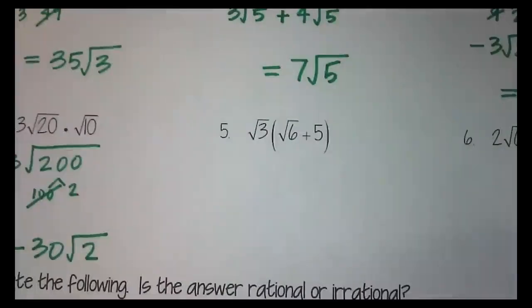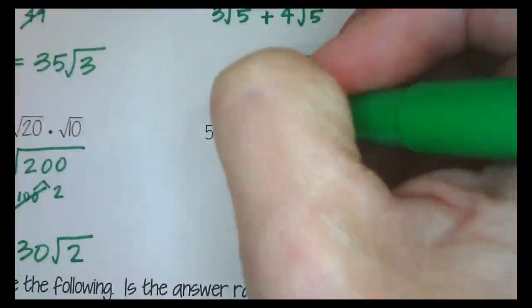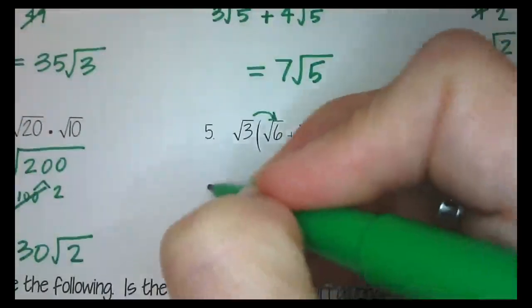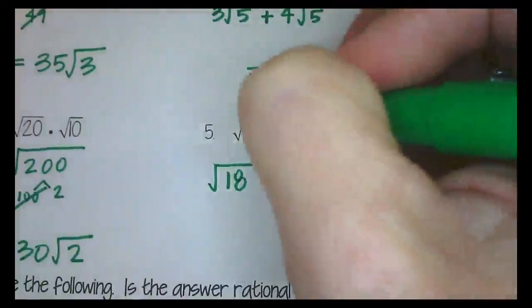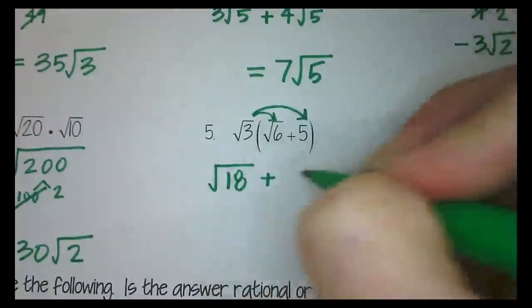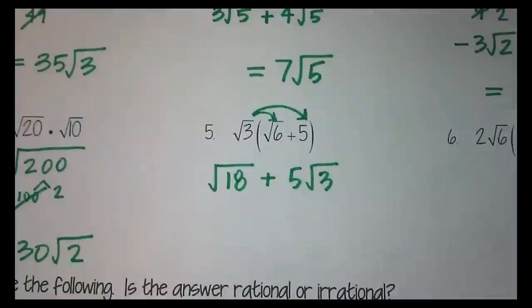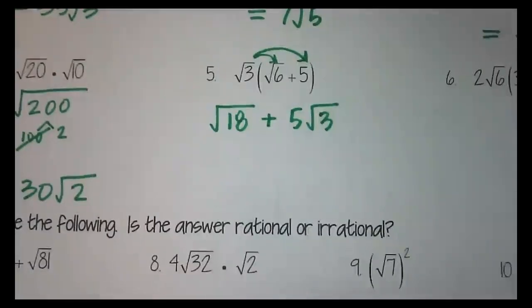All right, number 5. So looks like I need to distribute. So square root of 3 times square root of 6 is going to be square root of 18. And then square root of 3 times 5 is going to be 5 root 3. All right, so now I need to simplify and then see if I can add these two together.